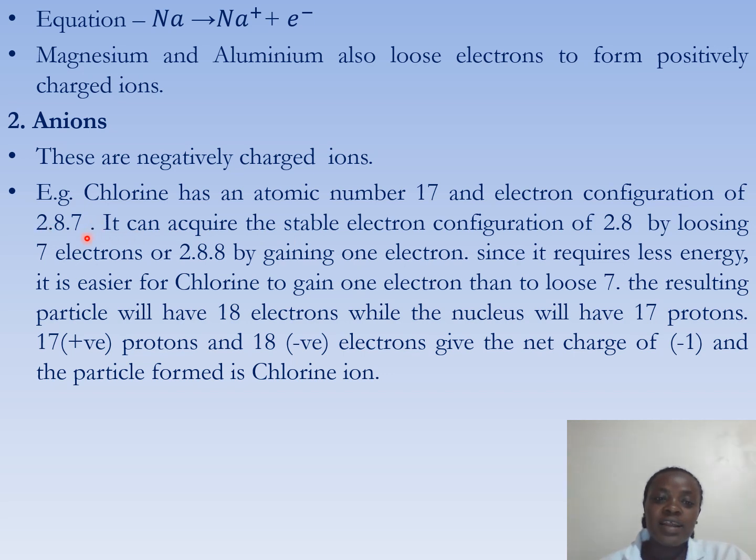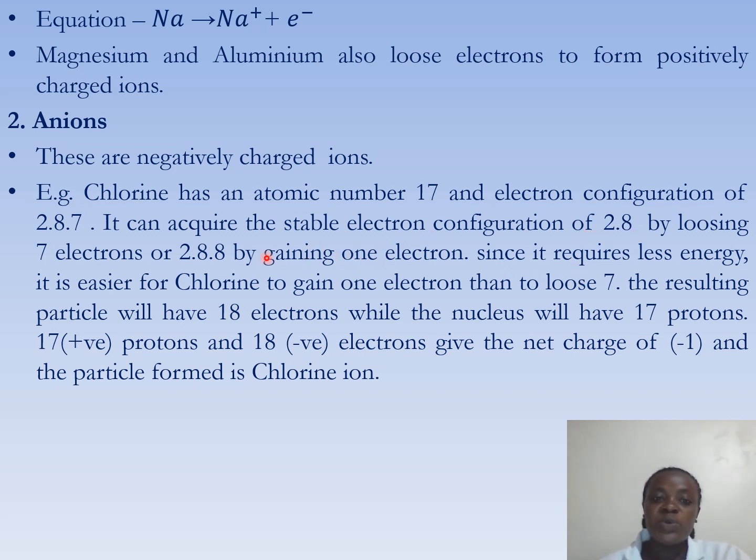From the electronic configuration, we can see that chlorine can form its ion by either gaining one electron to attain the configuration of 2:8:8, or losing the 7 electrons to attain the stable electron configuration of 2:8.